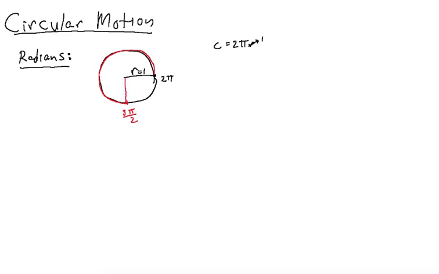If we walked halfway around the circle, it would be half of 2 pi, which is just pi. And we could walk 1/4 of the way around the circle and get to there, and that would be 1/4 of 2 pi, which is 2 pi over 4, or just pi over 2.